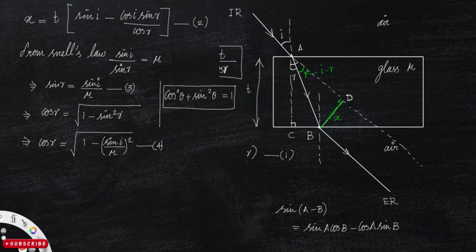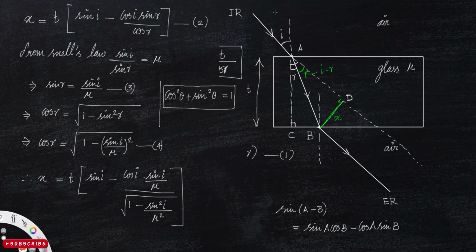Let me put equation 3 and equation 4 in equation 2. Therefore, x is equal to t times sin I minus cos I. Instead of sin r, you can write sin I by mu, divided by, instead of cos r, you can write root of 1 minus sin square I divided by mu square. Clear?